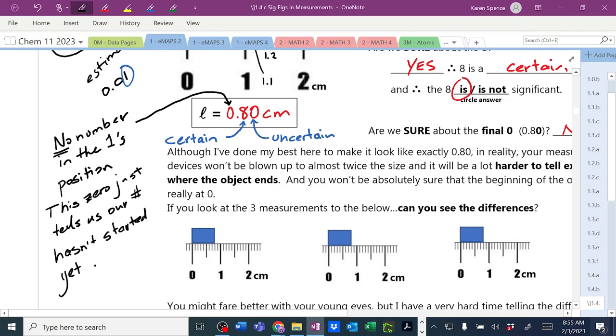And therefore, it is that digit, that 0, this one here, let's highlight it in maybe blue. This 0 here is not significant. That 0 on the left of the number is not significant.